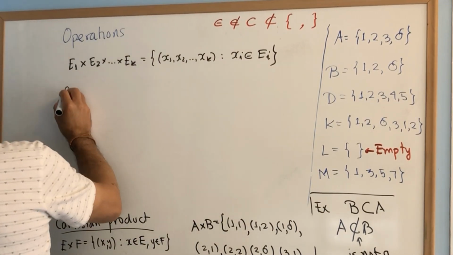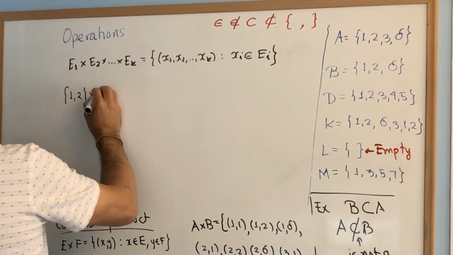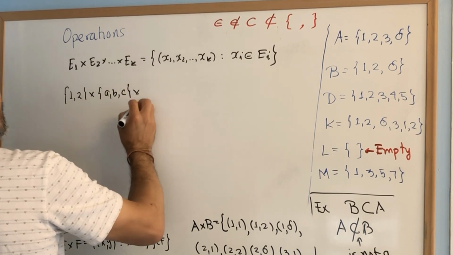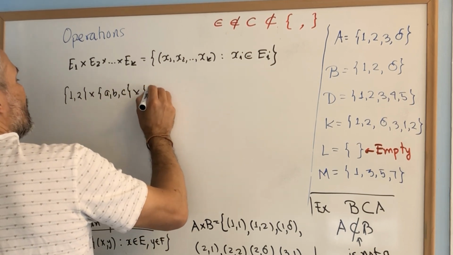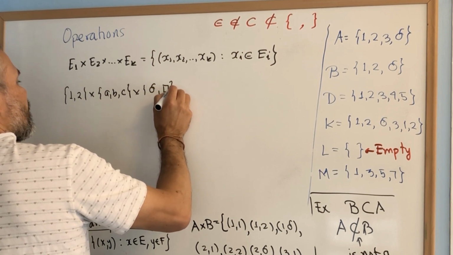Let's suppose that we have this set {1, 2} cross {A, B, C} cross with {apple, square}.